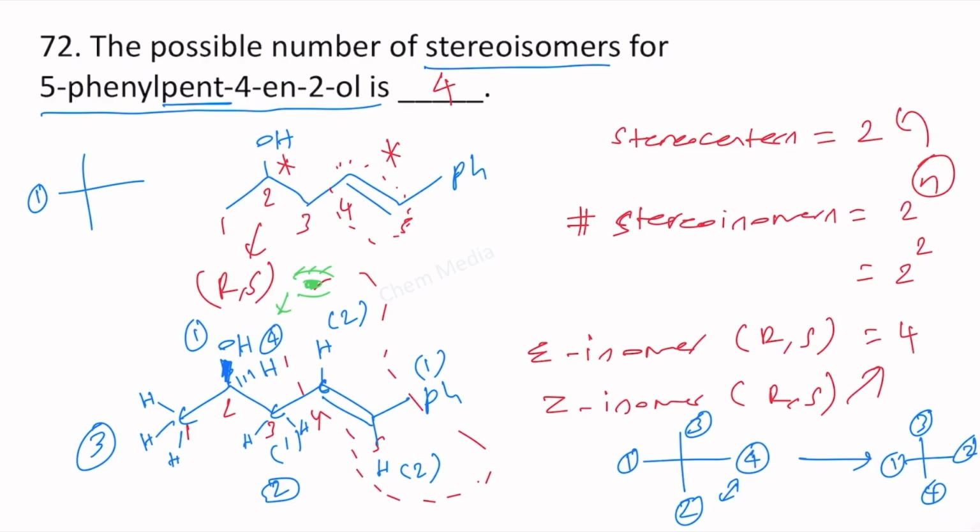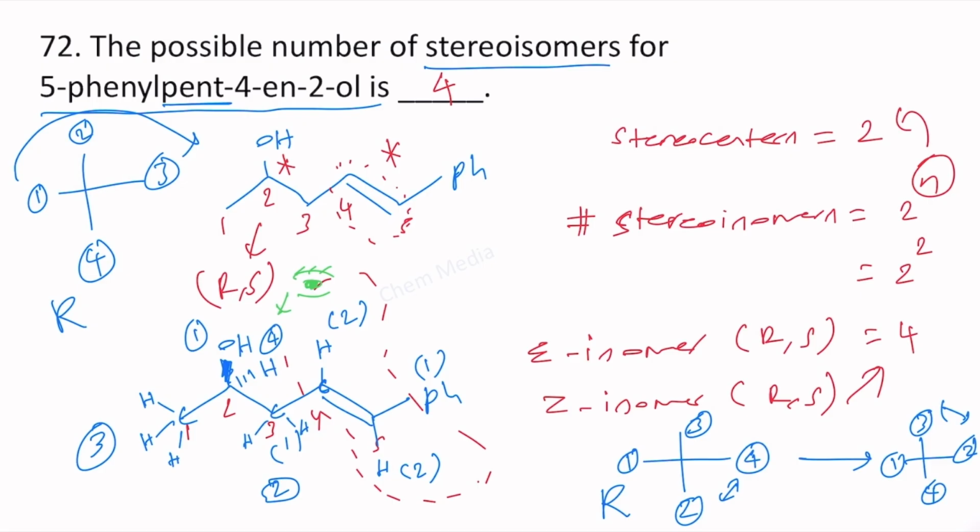It cannot be 1 3 2. Therefore, let's do another swap here. 1 2 3 4. Now we can go clockwise, 1 2 3. This means this is R. The original should also be R, because we have done 2 swaps.